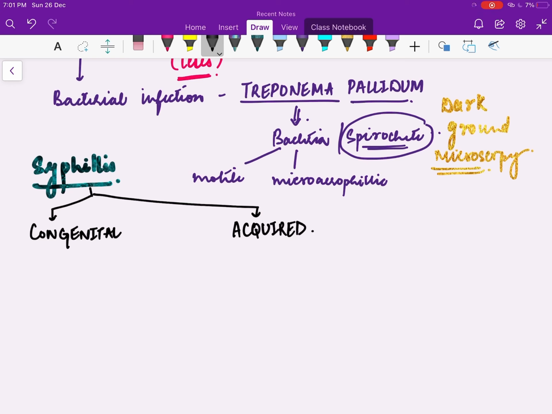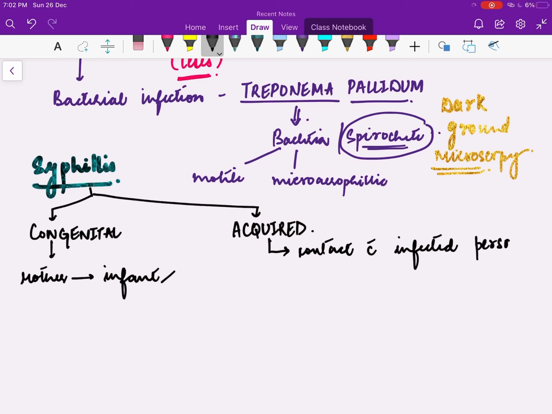From the name itself, congenital is at the time of birth, from the infected mother to the infant. Acquired is whenever there is contact with an infected person. We have three stages in acquired syphilis: primary, secondary and tertiary.